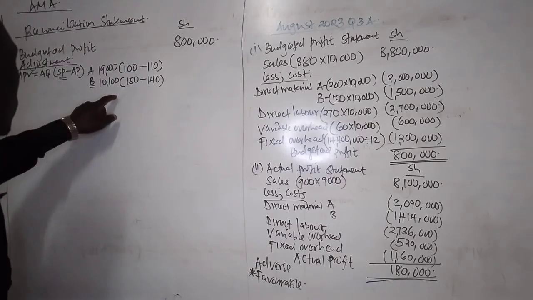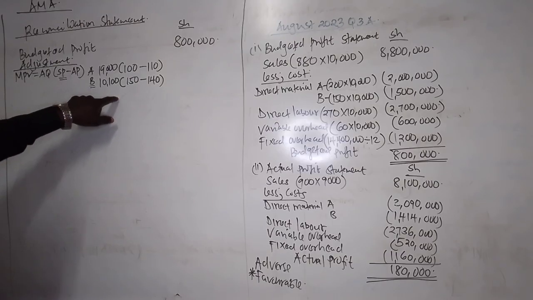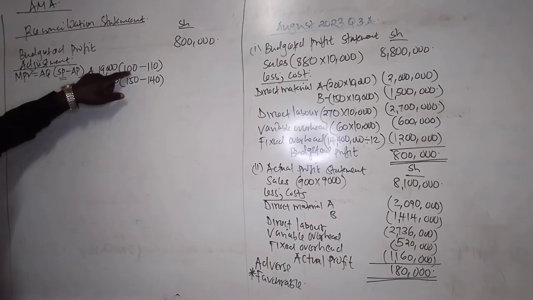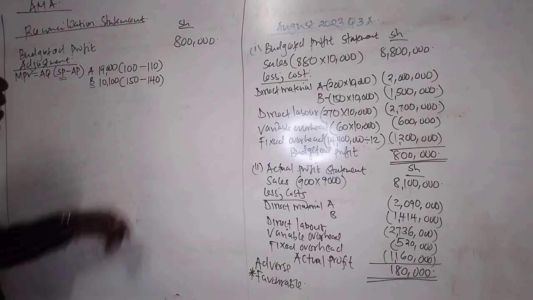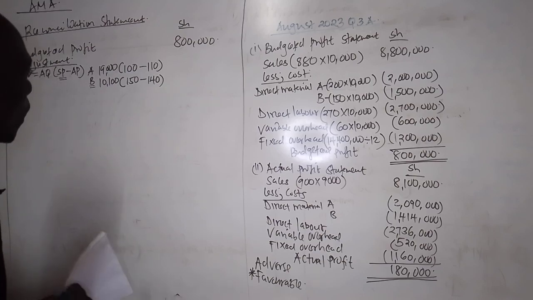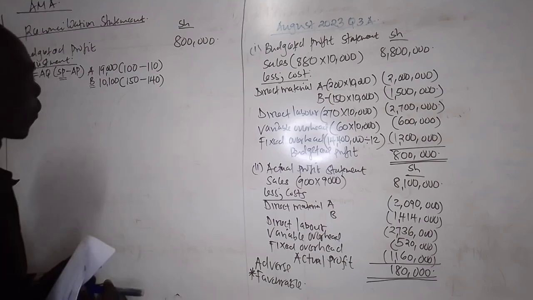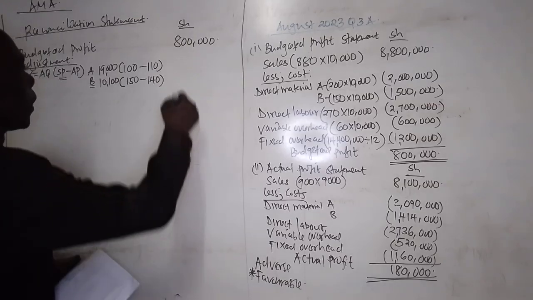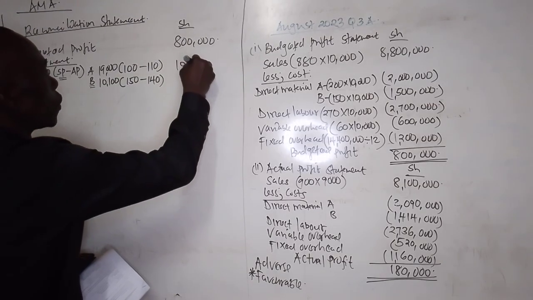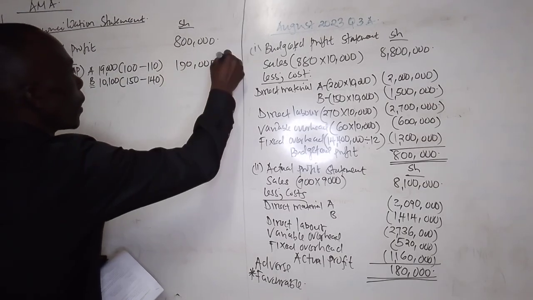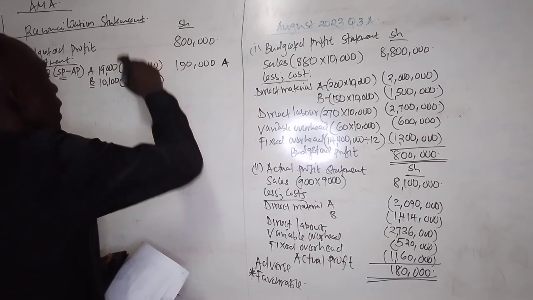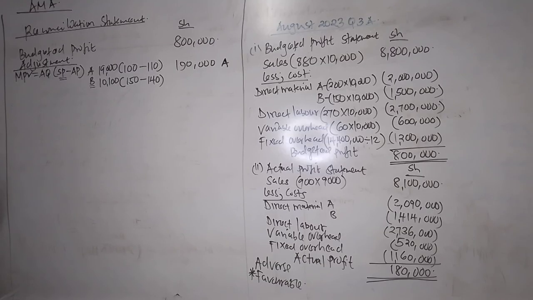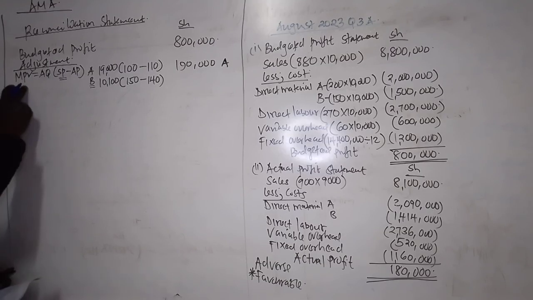In this case, they had budgeted that per kg they are going to pay 100. They ended up paying 110. So this 190 is adverse. We paid more than what we had budgeted for.